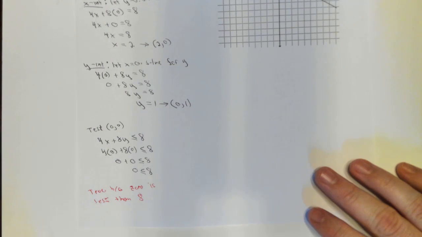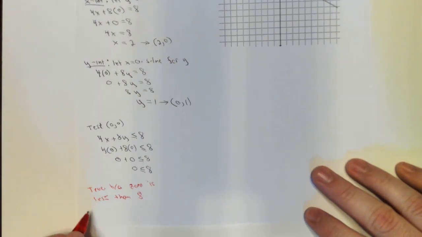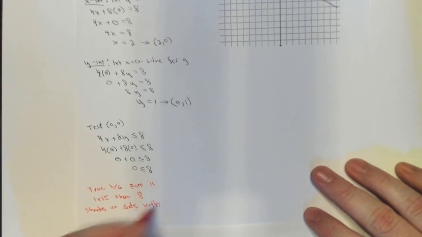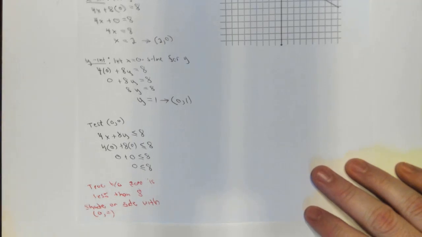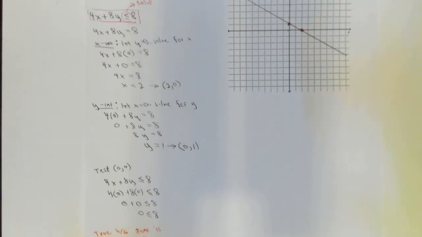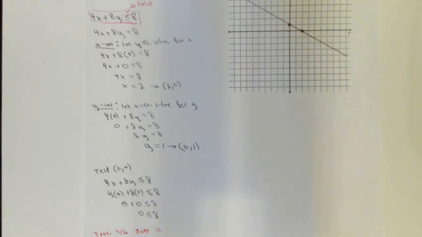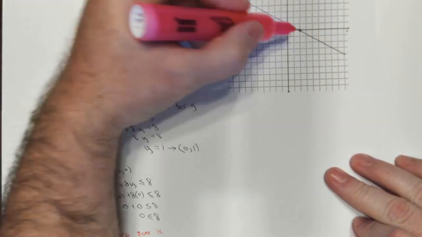So I'm going to shade on the side with 0, 0. Okay. Now, what I'm going to do is I'm not going to do this very dark. So here's 0, 0.